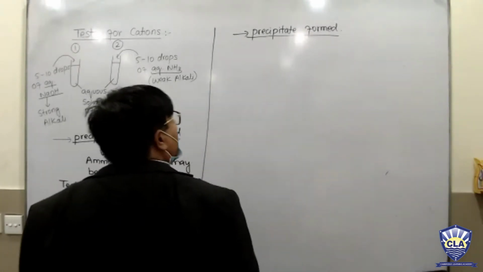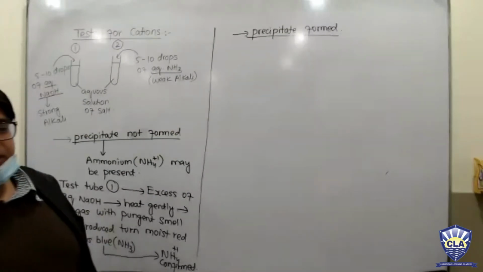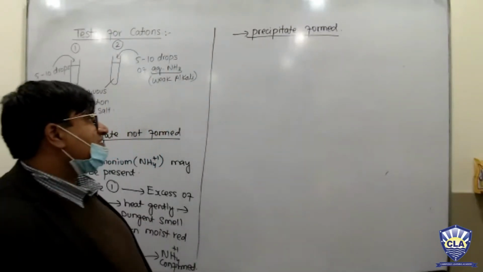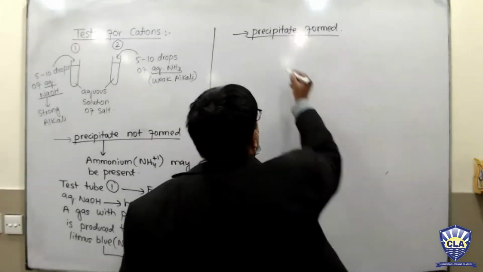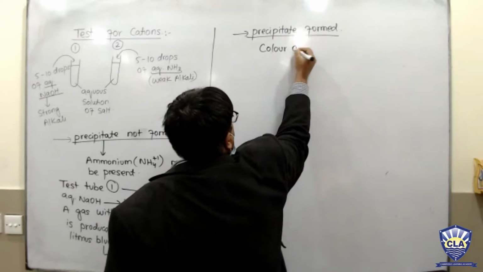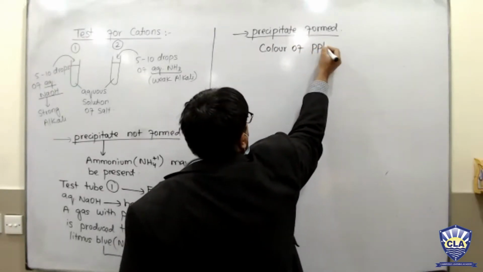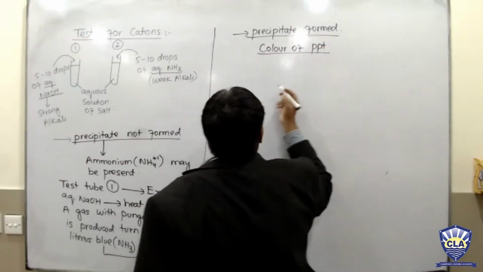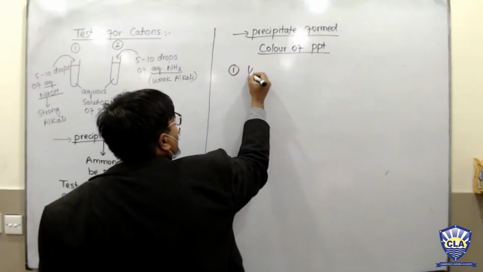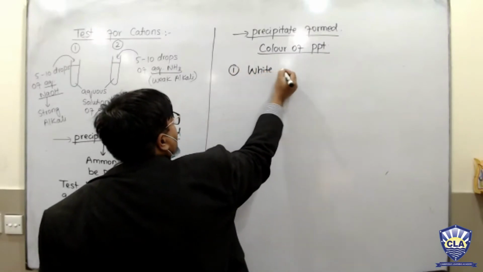The second thing: if a precipitate is formed, you have to see the color of the precipitate. There are four colors which are produced. The first one is white precipitate.